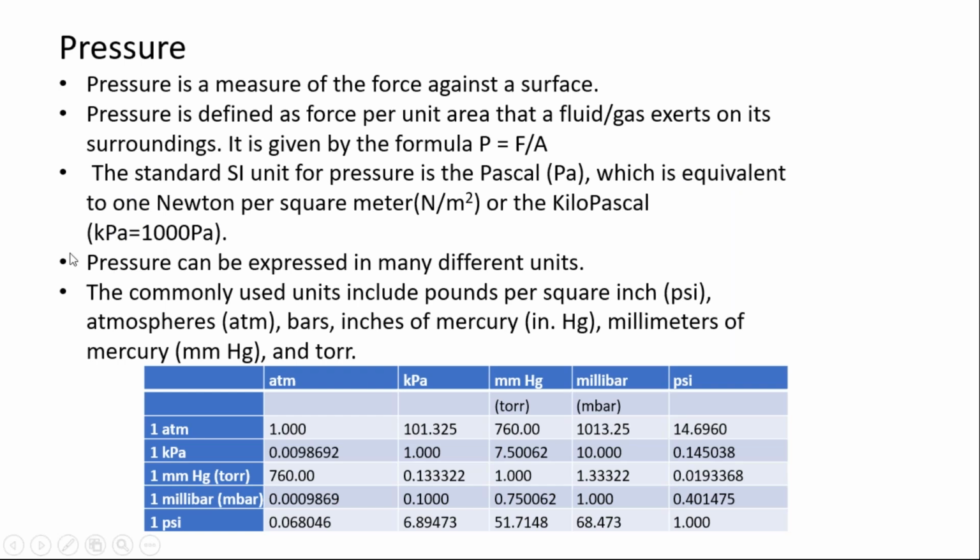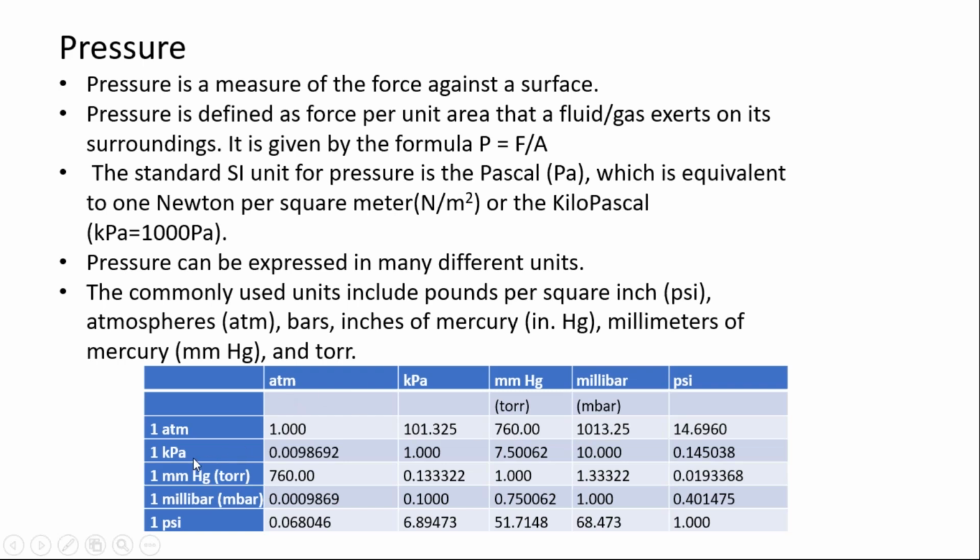But you will see that the pressure is expressed in many different units, especially in the high-end equipment such as the HPLC, which is using pumps, or you're looking at the mass spectrometer, which has to be in vacuum. So the pressure can be expressed in atmospheres, where it is equal to 760 centimeters of mercury or 760 millimeters of mercury.